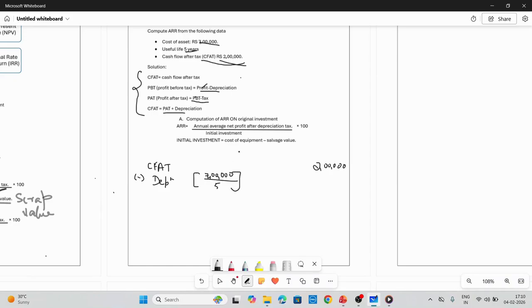This 7 lakh is nothing but the cost of asset. This equals 7 lakh divided by 5, which is 1 lakh 40,000. So 2 lakh minus 1 lakh 40,000 is nothing but 60,000.